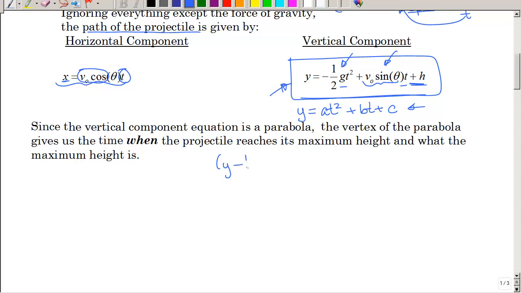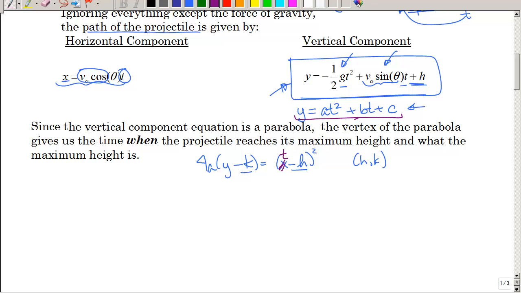Well, remember this? We had y minus k times 4a equals x minus h squared. And so that part, h and k, were the vertex of that parabola. We're going to do the same thing, except instead of x here, we'll have t.